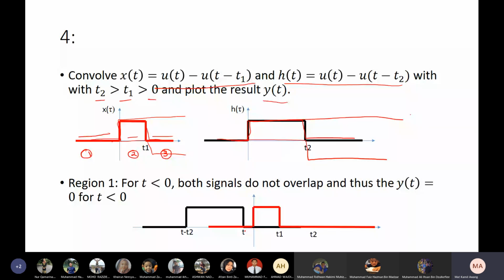For t less than 0, it's moving from here up to here, so it does not overlap. So y of t is 0. Right? Okay, clear this part.